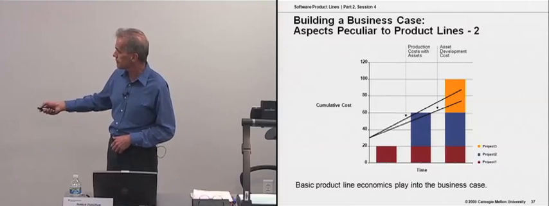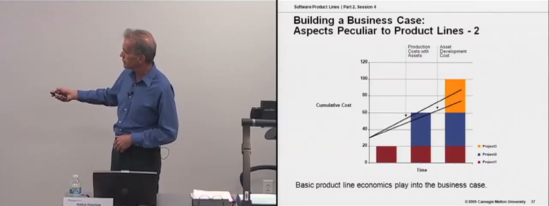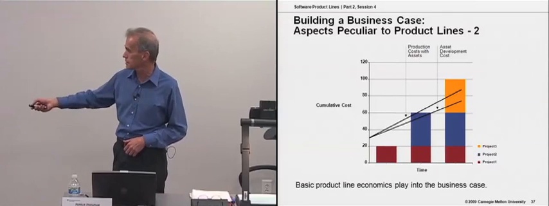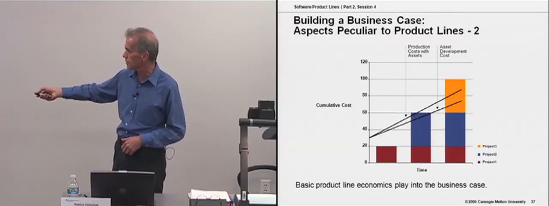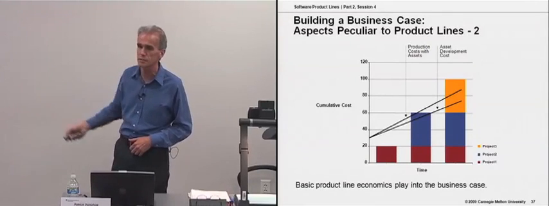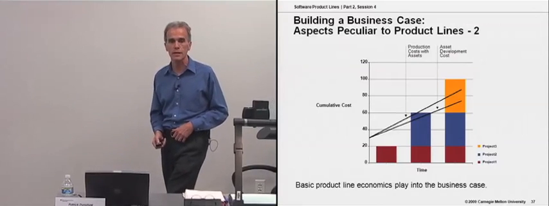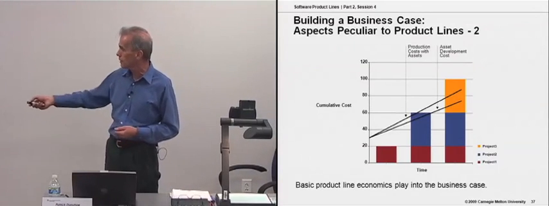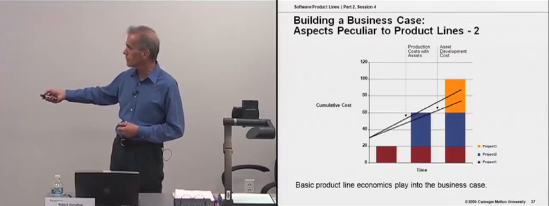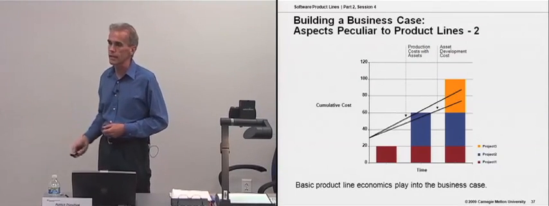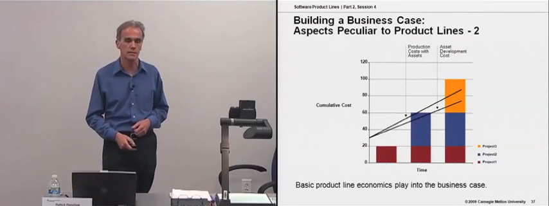You'll notice that the asset development line here is not something that stays horizontal from the beginning. So you make an investment in the core asset base to get you started, but as the product line evolves, you will likely be adding new assets to the core asset base.